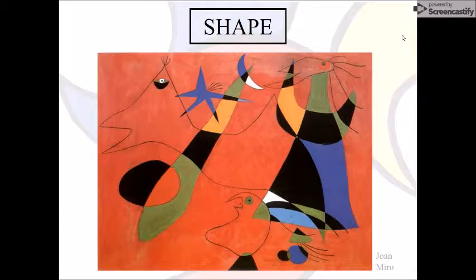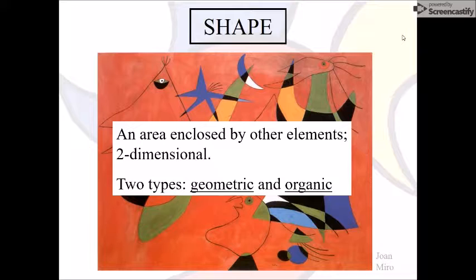The other type of shapes are geometric, and those are any of those mathematical shapes, squares, triangles, rectangles, circles, that are mathematically perfect. So even though this has circles and has stars, they're more organic because they're more free-form and not mathematically perfect. So shape is an area enclosed by other elements.